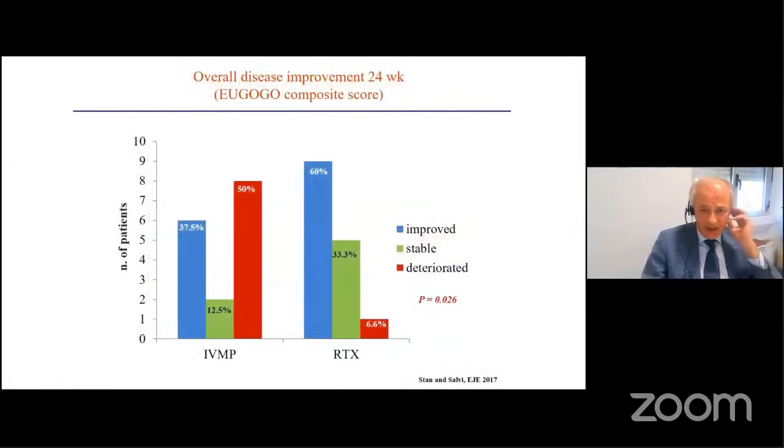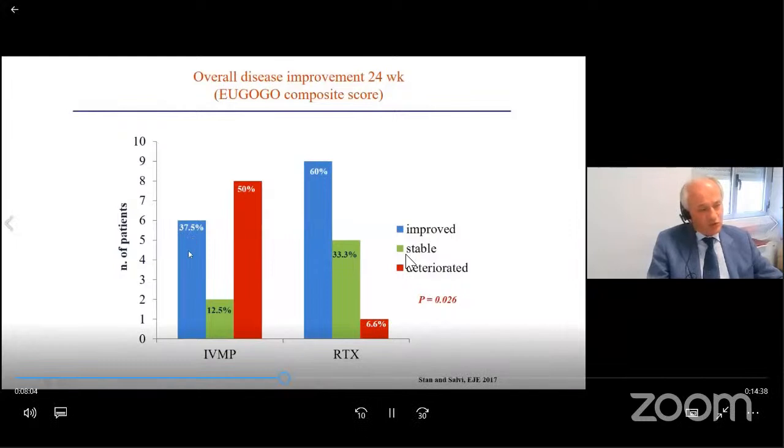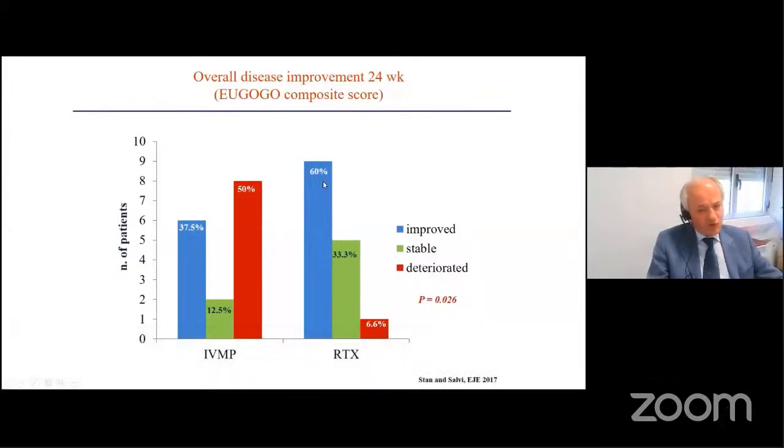We also studied the overall improvement by considering the effect on the composite ophthalmic score, considering diplopia, proptosis, and all the other factors besides inactivation. What is interesting is that, if you recall the slide on steroids, we did obtain an overall improvement of about 38-40% with steroids, which is what was observed also in the EUGOGO study. With rituximab, the improvement was much, much higher.